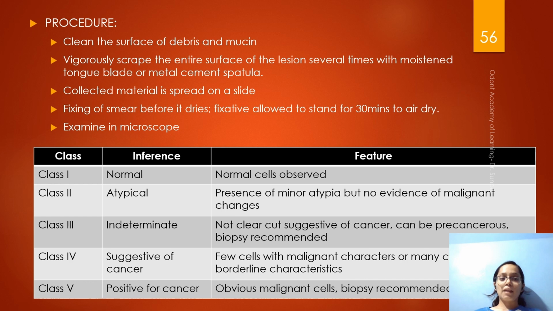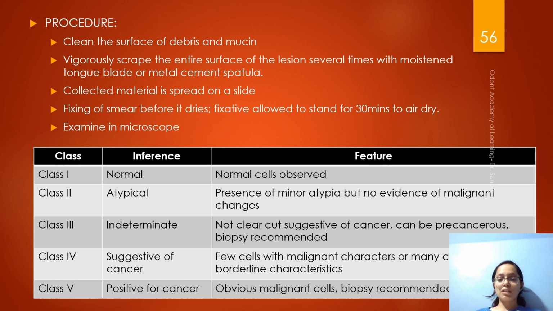Okay. So the procedure is to clean the surface of any food debris that is there. Then we vigorously scrape with a tongue blade or a metal cement spatula, and the materials that are collected, we put on the slide and fix it, and then we examine it under the microscope.